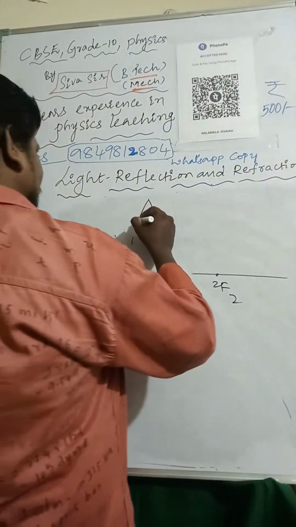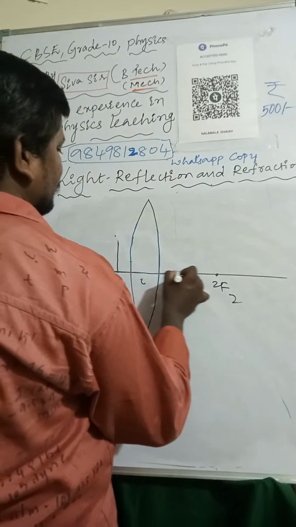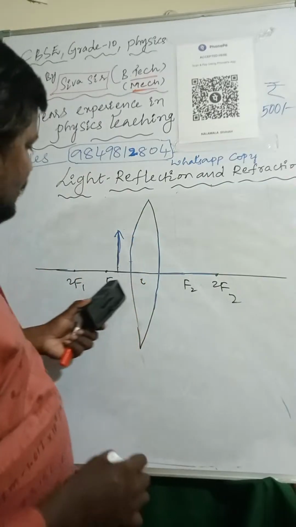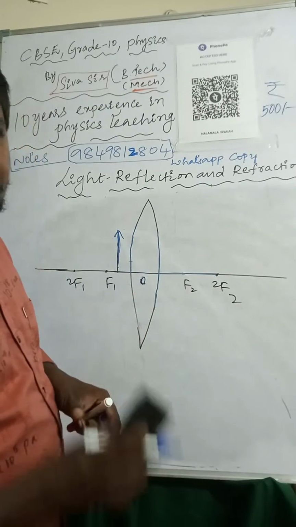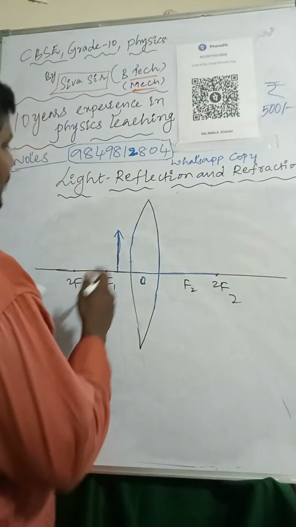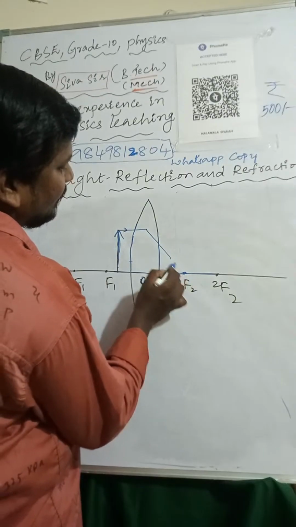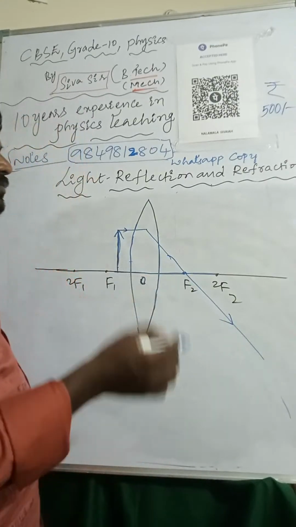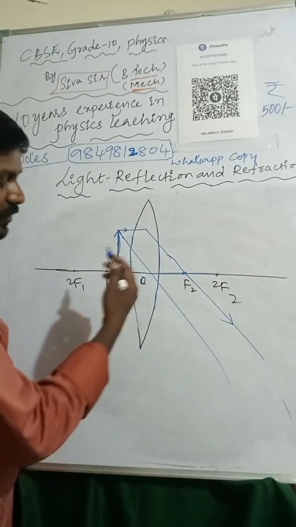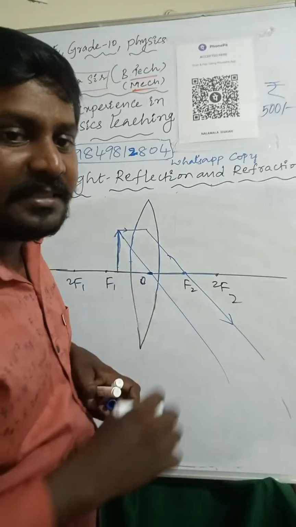Come to the point. So I'm considering like this. Here optic center and f1. I'm taking one light ray here. The light ray passes through focus. Another light ray passes through optic center.